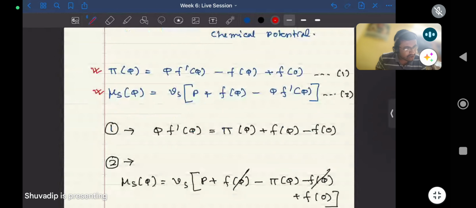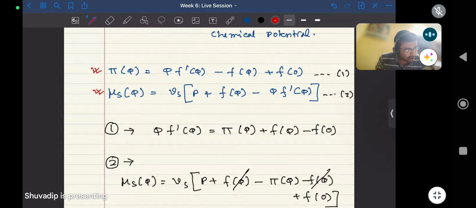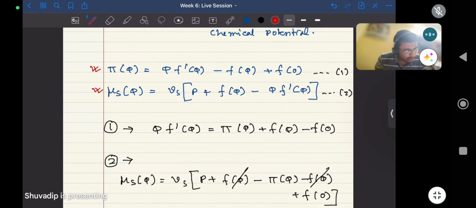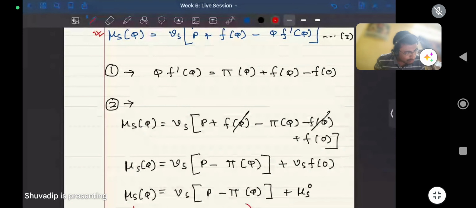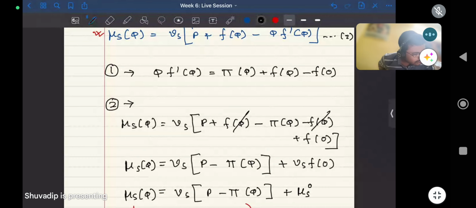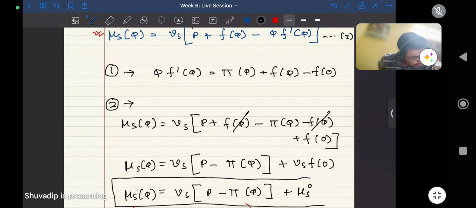Using these two formulas, first we calculated phi f prime phi from formula number 1. Then we replaced that phi f prime phi in the second equation. There is cancellation of f of phi and we get a simplified formula, which is the desired relation between chemical potential and osmotic pressure.